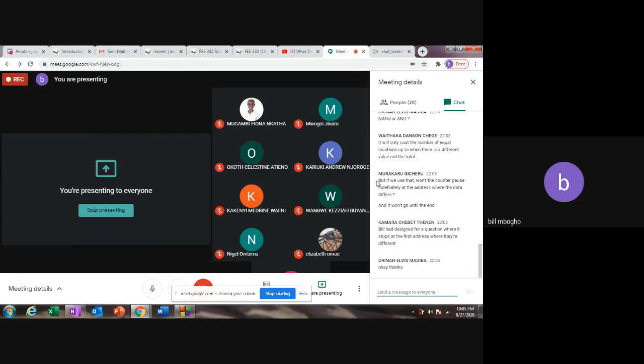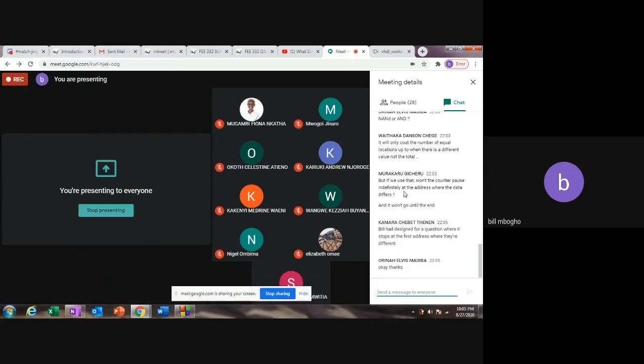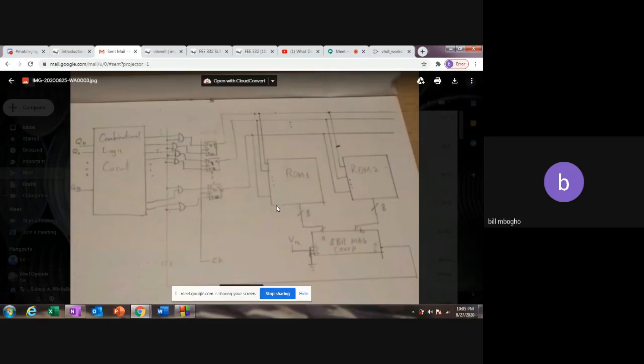Yeah, that's what Chebet has answered. But we can make the improvement now based off of Sean's idea. Just remove the dependency of the counter on this magnitude comparator, and instead this magnitude comparator is controlling another counter, and then things work just fine.